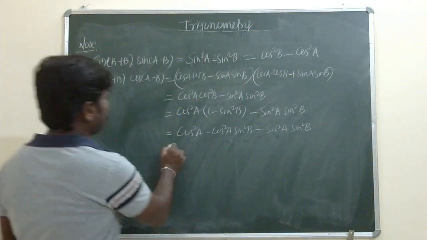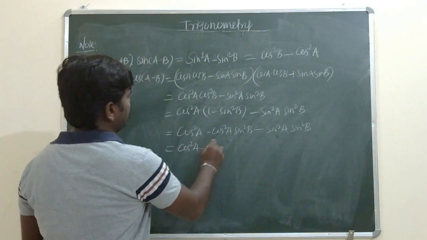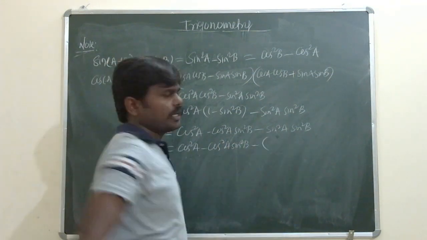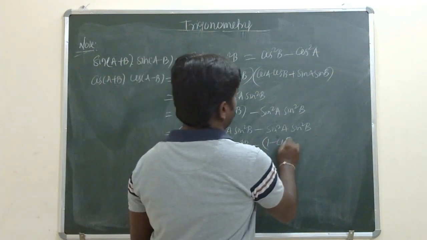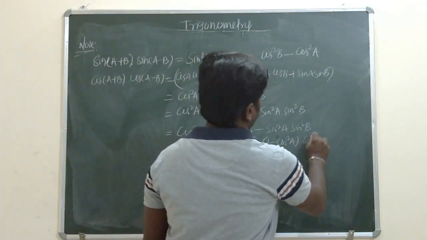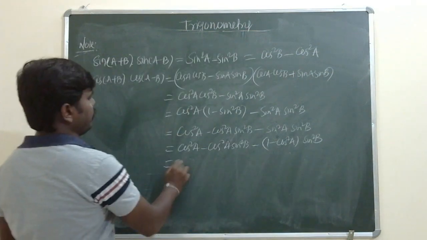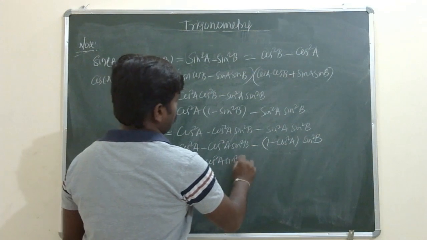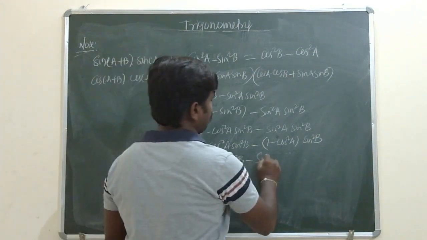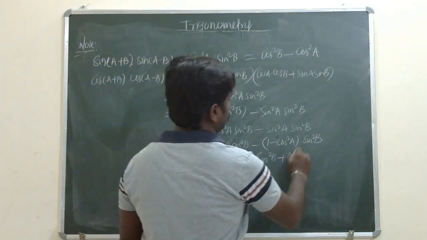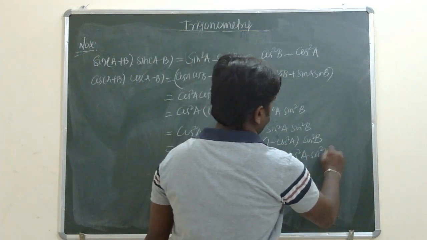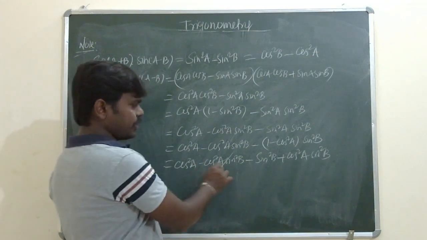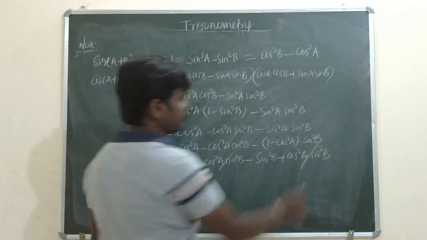Then we will get some calculation. Cos square A sin square B minus, and sin square A I am writing as 1 minus cos square A, into sin square B. So cos square A minus cos square A into sin square B, minus sin square B, minus times minus is plus cos square A into sin square B. So cos square A minus cos square A sin square B plus cos square A sin square B will get cancelled.